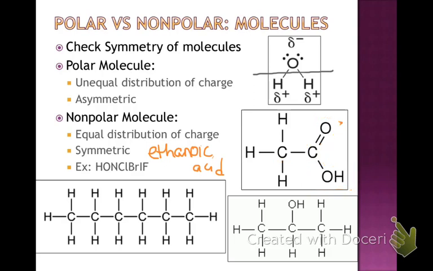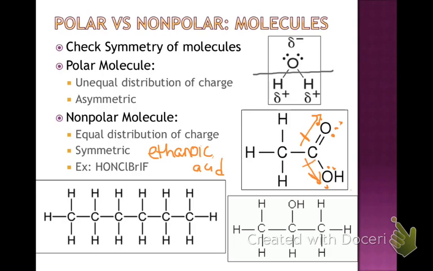Alright, now let's take a look at the distribution of charge. So here we have lone pairs of electrons there and there on the oxygen. So there's more negativity, or more negative charge, towards that oxygen. That carbon tends to be a little bit more positive. Same thing here.